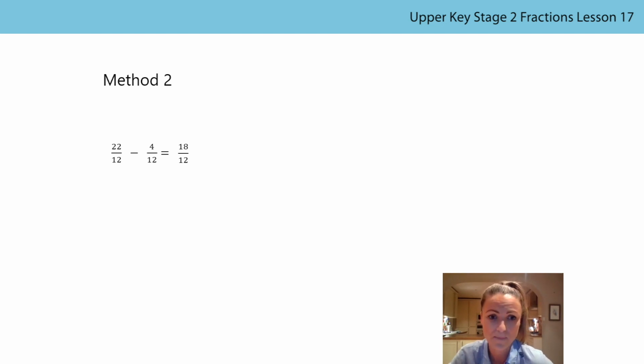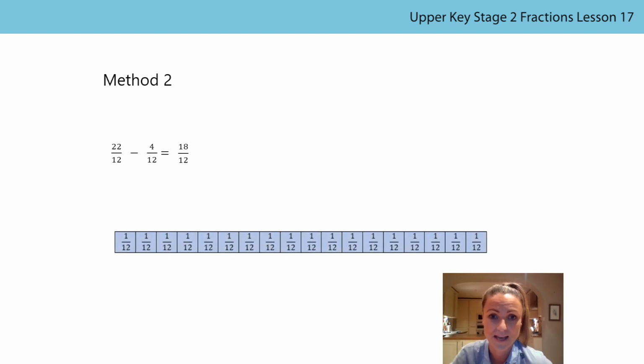Now, can you remember what the difference was now with method 2? What do we do at this stage? Do we simplify it, or do we convert it to a mixed number? That's right, we're going to convert it to a mixed number, and we are going to use this representation to help us. So we've got 18/12. How many 12ths will make 1 whole?